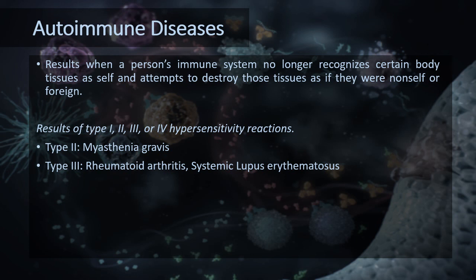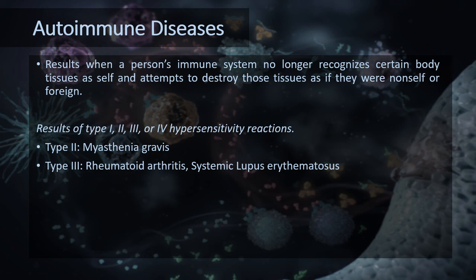For type 2, we have myasthenia gravis as an example. Myasthenia gravis is an autoimmune disease where the body produces antibodies against nicotinic acetylcholine postsynaptic receptors at the neuromuscular junction of the skeletal muscles. This causes skeletal muscle weakness and rapid muscle fatigue.